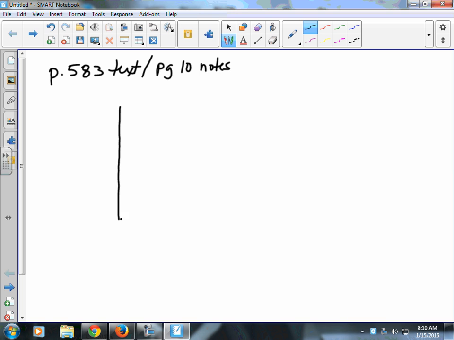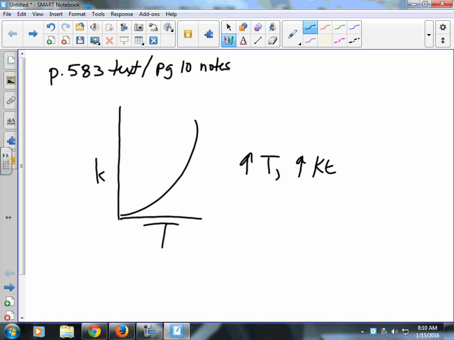If we increase the temperature of a reaction, we see that the rate constant, remember, increases exponentially. That's because as you increase temperature, you are increasing kinetic energy. And kinetic energy is related to the square of velocity.